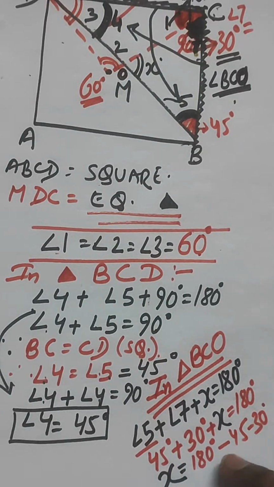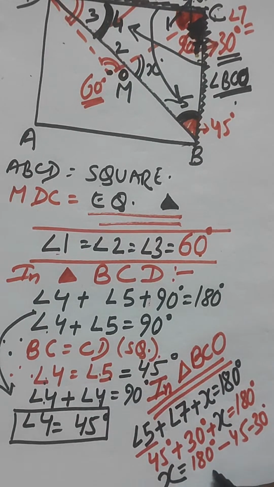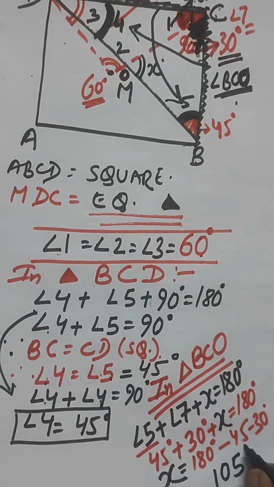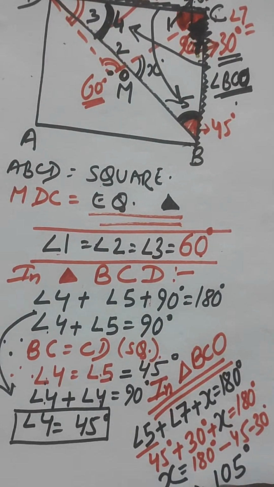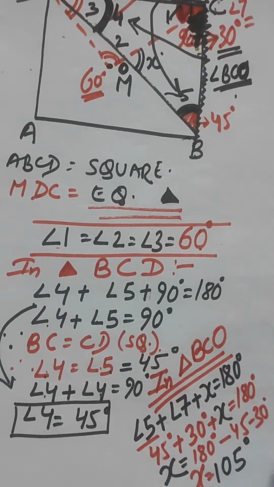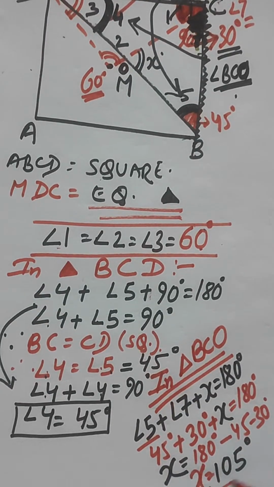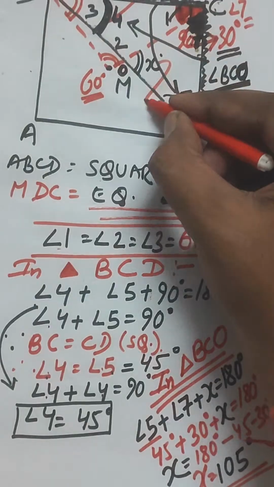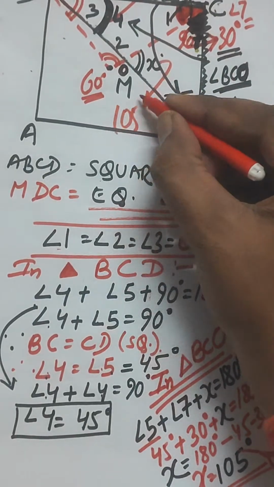When 75 is subtracted from 180, this gives 105 degrees. So 105 degrees is the value of x. The value of x is calculated as 105 degrees. This is your answer.